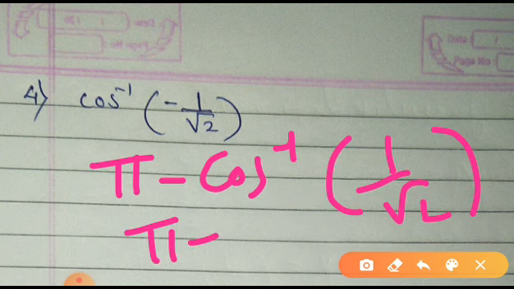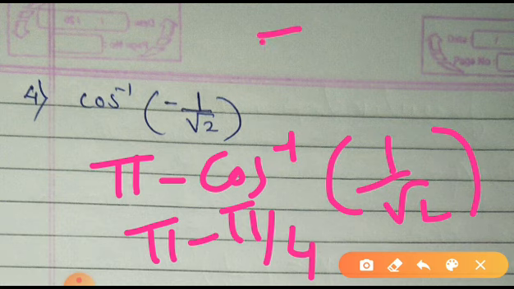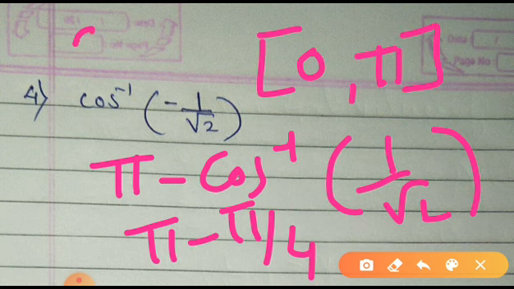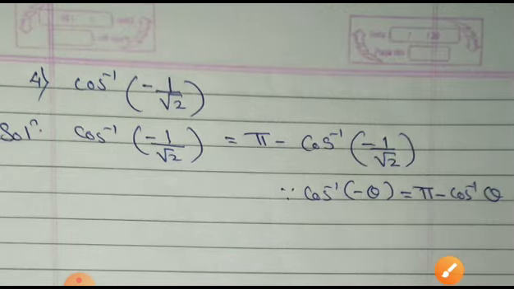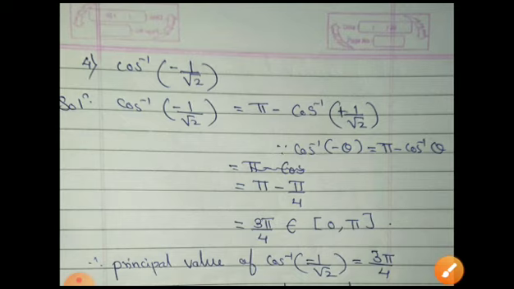So I'll have pi minus pi by 4, which is nothing but 3 pi by 4. What was the range of cos inverse? It was the closed interval 0 to pi. Does 3 pi by 4 belong to this? Yes. And hence the answer is 3 pi by 4. Its principal value will be 3 pi by 4.